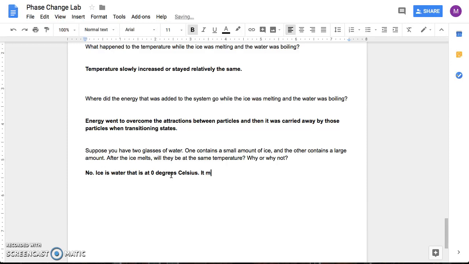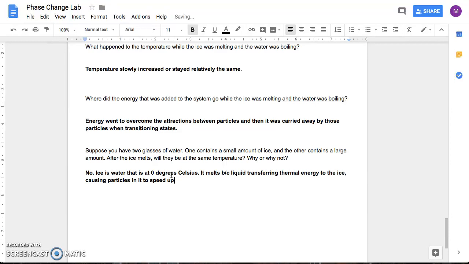And water melts, or ice melts, because that liquid is transferring thermal energy to the ice. And this causes the particles in it to speed up.